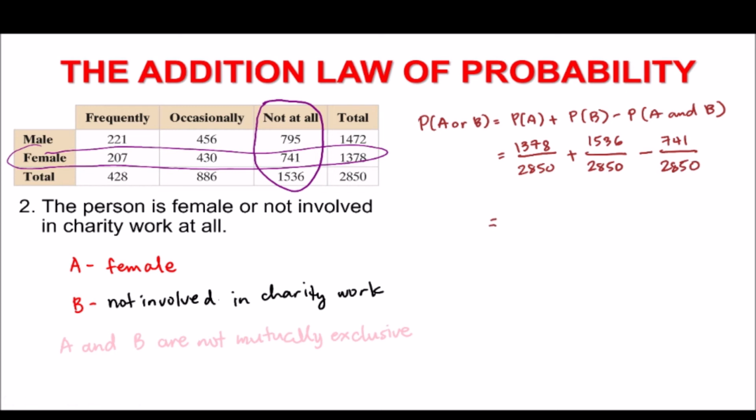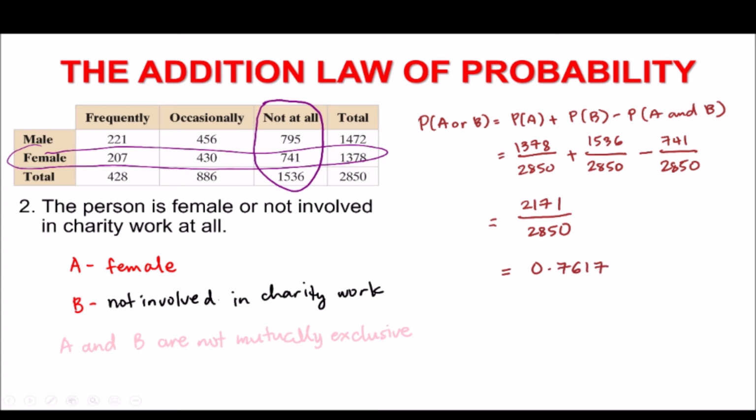Okay, so using calculator, we have 2,171 over 2,850. Converting it to decimal, that gives you 0.7617.